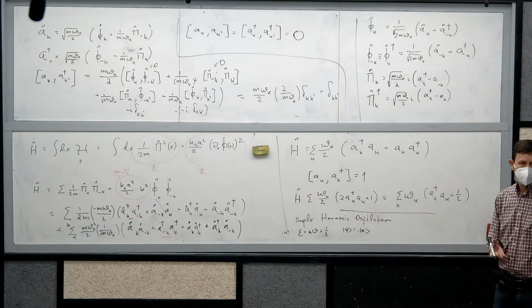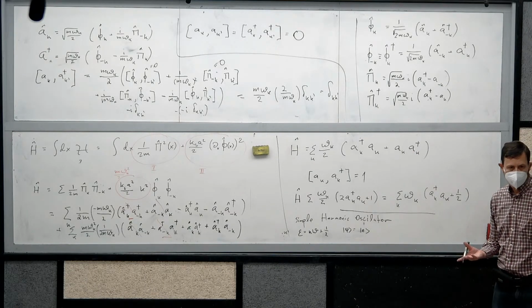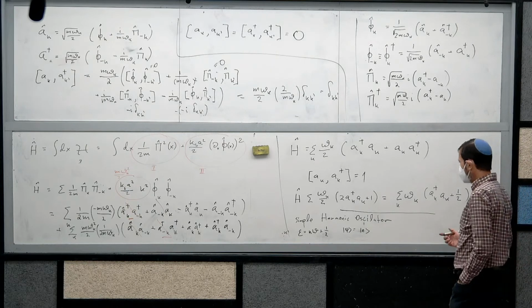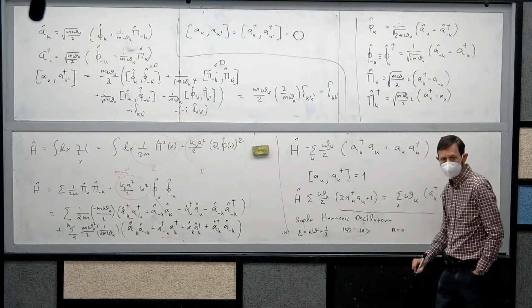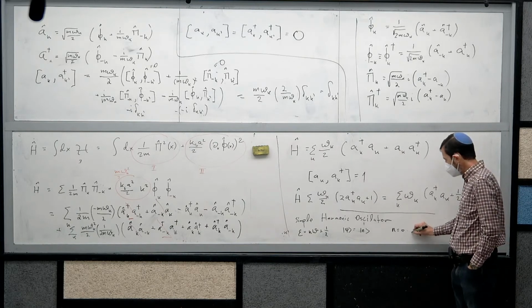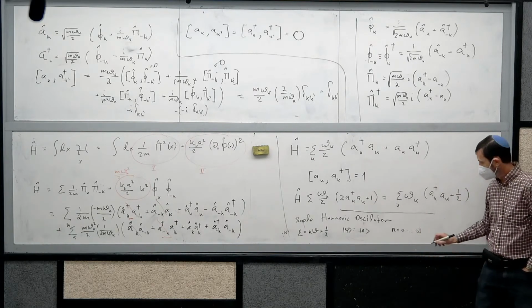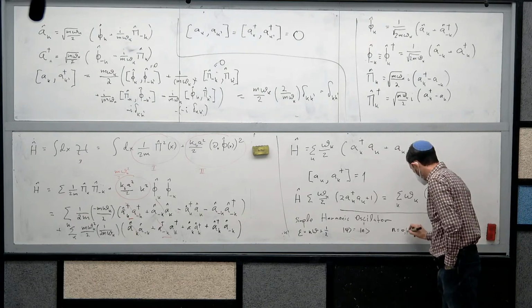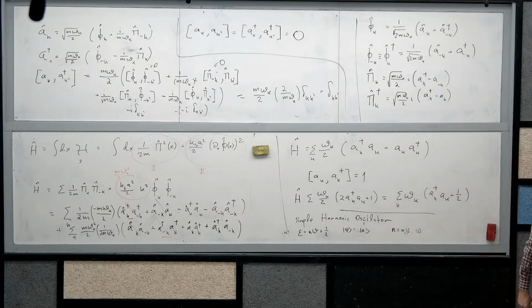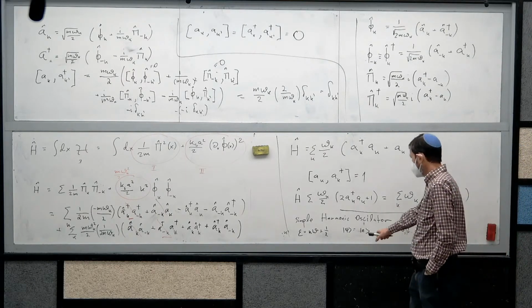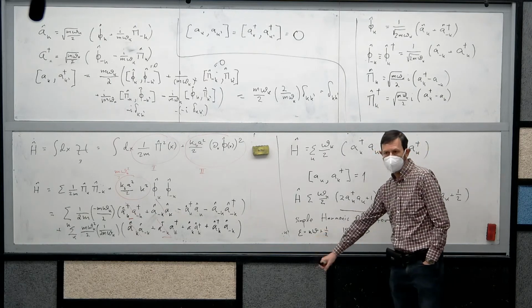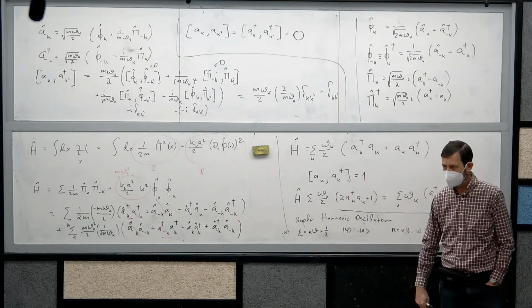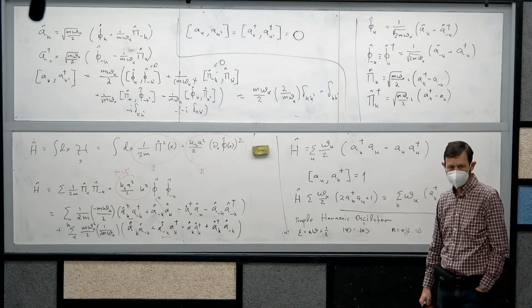Okay, the solution was that the energy is a quantized number where n goes from 0 to infinity. And we had eigenvectors of n and energies corresponding to n plus half, times omega.